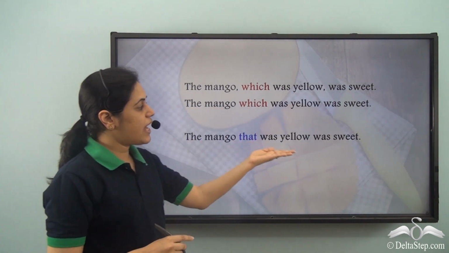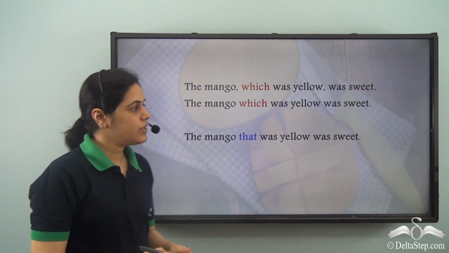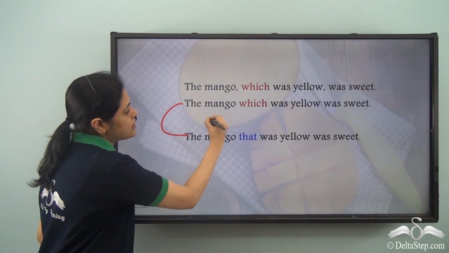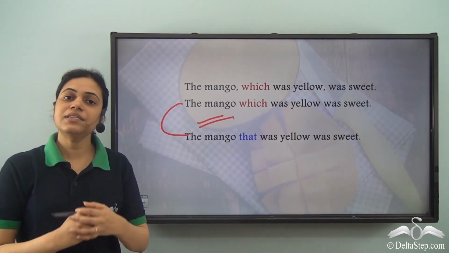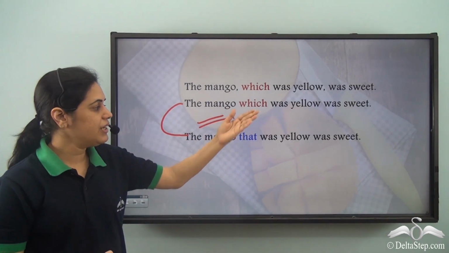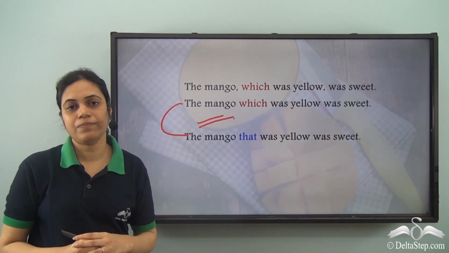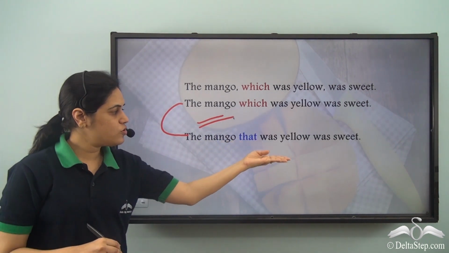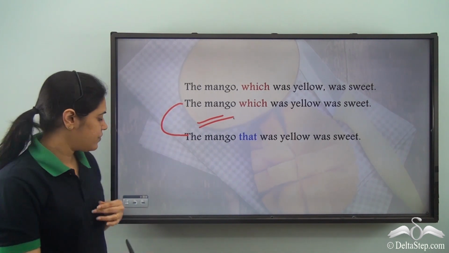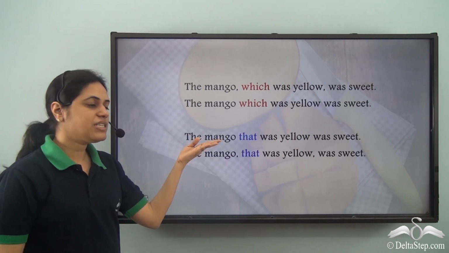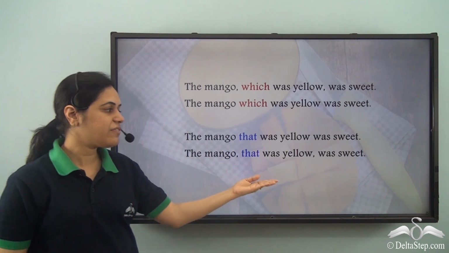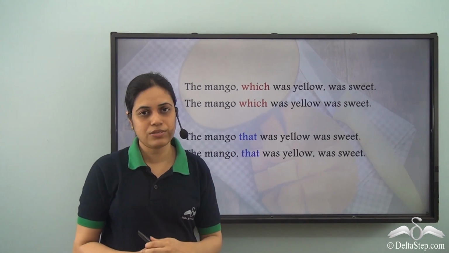So the mango that was yellow was sweet. These two sentences have exactly the same meaning. They mean exactly the same thing. Now what if I use that with commas? That is, if I write the mango, comma, that was yellow, comma, was sweet.